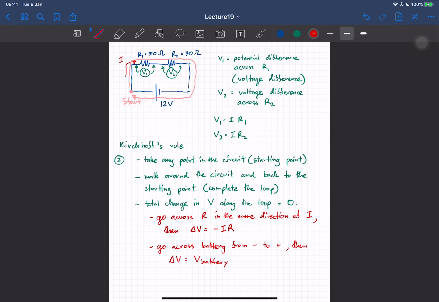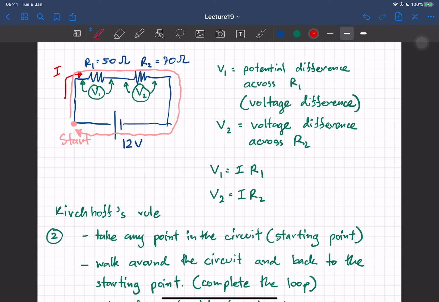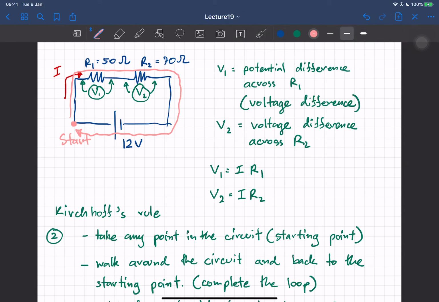So let's go back here. We start here. We go across the first resistor and we walk in the same direction as I. The current is flowing this way and we walk in the same direction as the current.